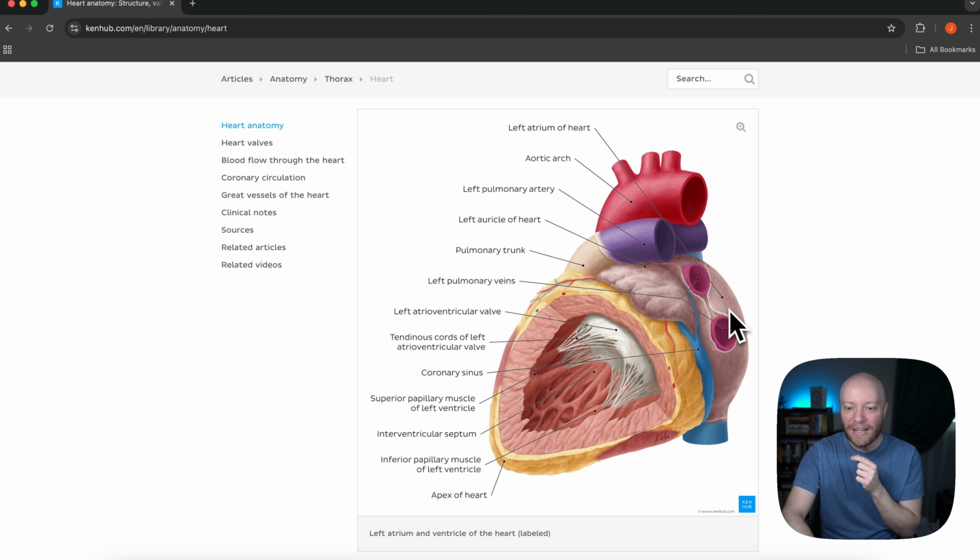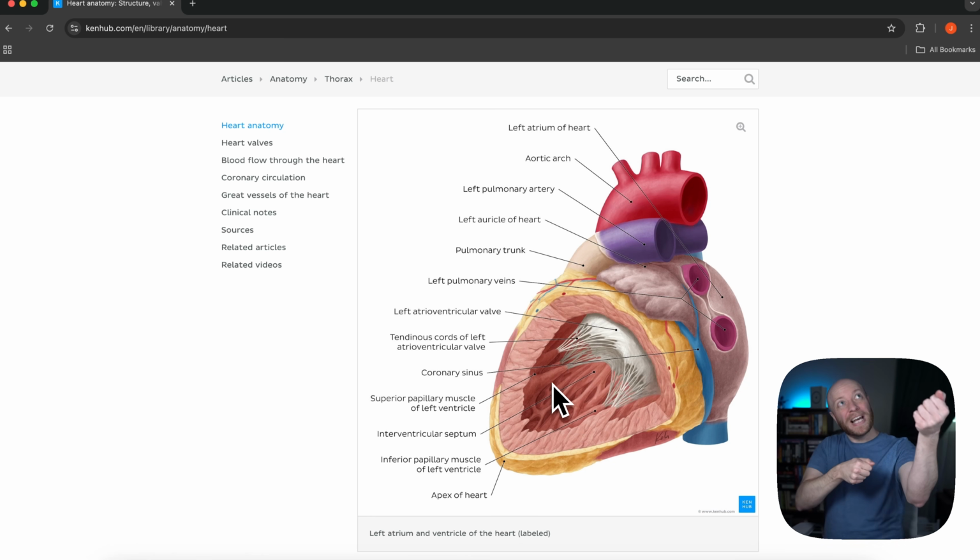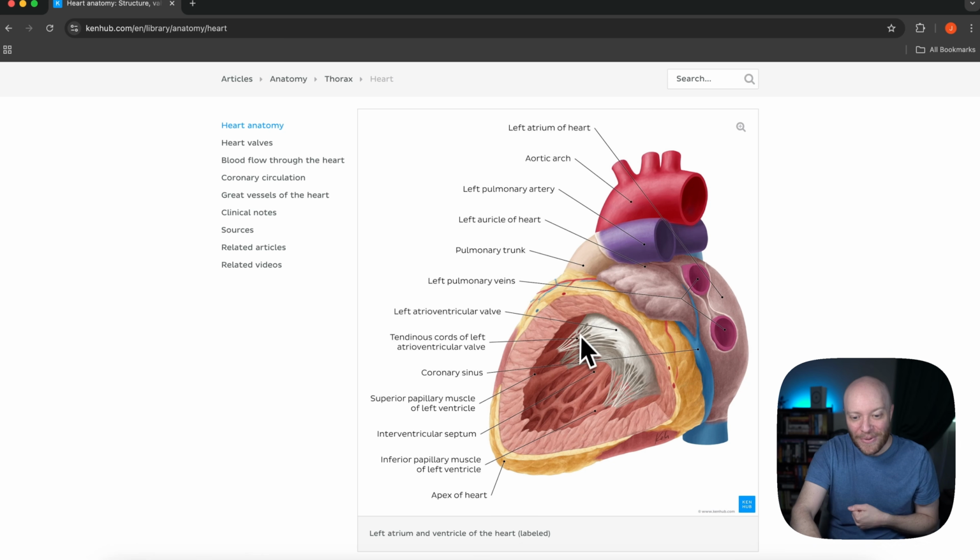So if we have blood coming from the left atrium into the left ventricle, when that ventricle contracts, you don't want it going backwards. It defeats the entire purpose. And that's where you start having valve disorders, which is a whole other topic for another day. My point is simply, you don't want this. So this valve is there to prevent blood from going back into the atria. To do that, these muscles are desperately holding on to these chordae tendineae on these cusps.